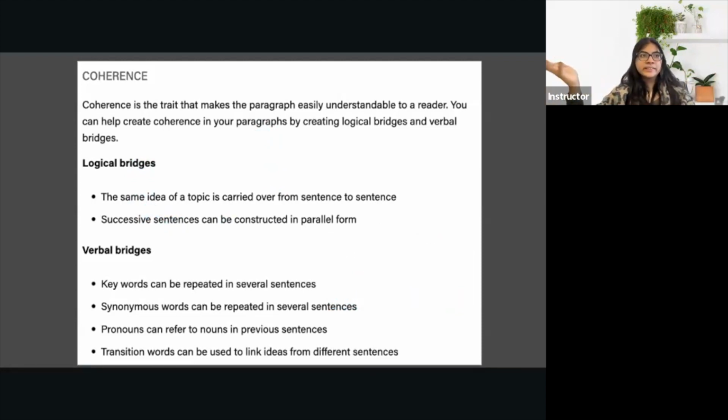So coherence, this is when you really just want to make sure all your points are... does anyone know what coherent means? It comes from the word cohesive. Have we ever heard of that word before? Yes, cohesive. I think we've talked about this before, but an example of cohesive that we see in science or something is when all the molecules are sticking together and they're making one big lump of molecules.